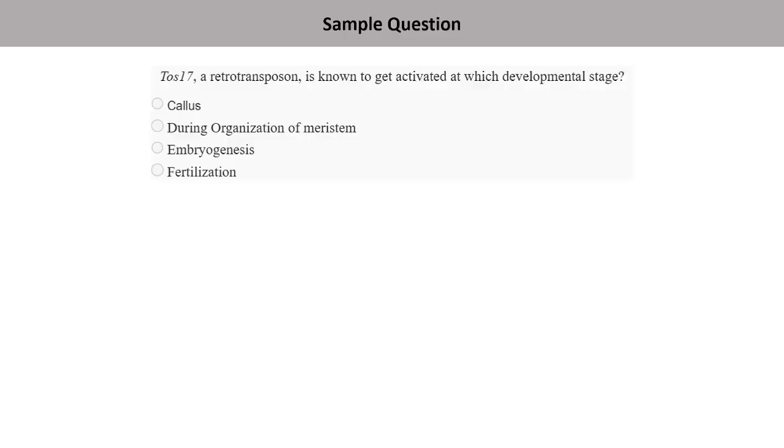So, okay, this is the first question. TOS17, a retrotransposon, is known to get activated at which developmental stage? Callus, during organization of meristem, embryogenesis, or fertilization?